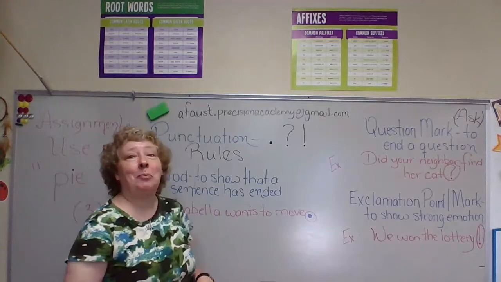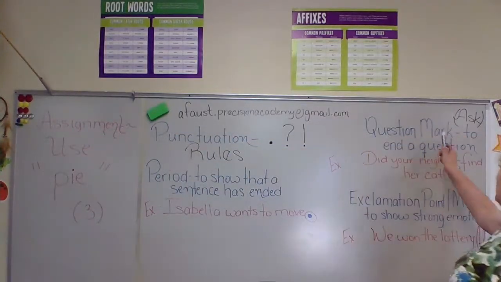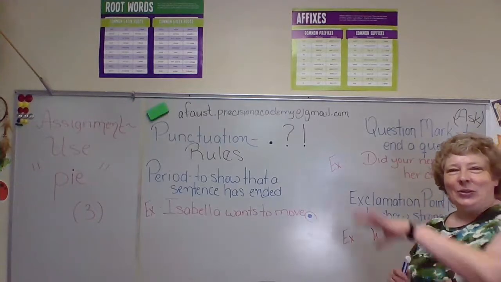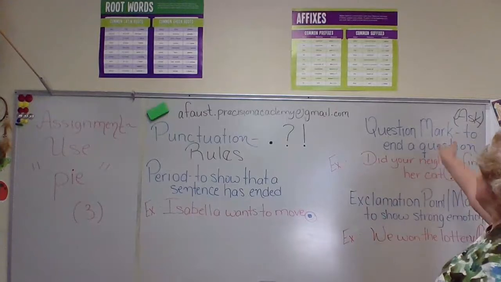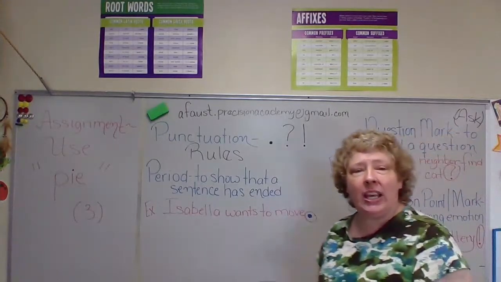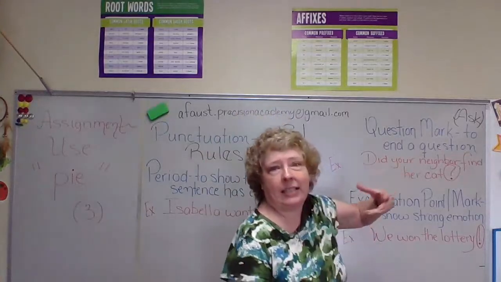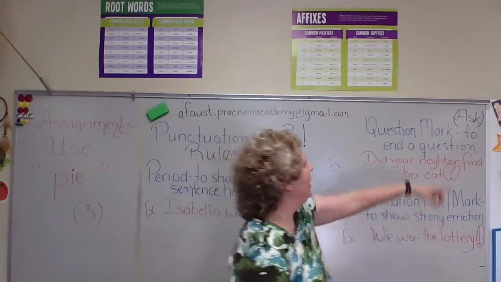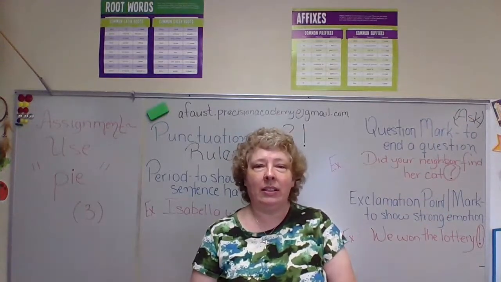Okay. Moving on. Here we go. Question mark. Woo. For a moment I got lost back there. Question mark is to end a question. And when we do a question, we are doing exactly what? What is the key word? Ask. We are asking something, aren't we?